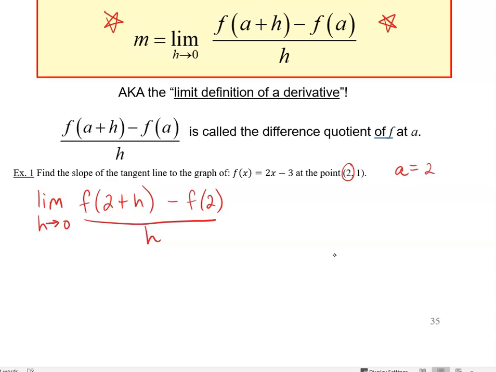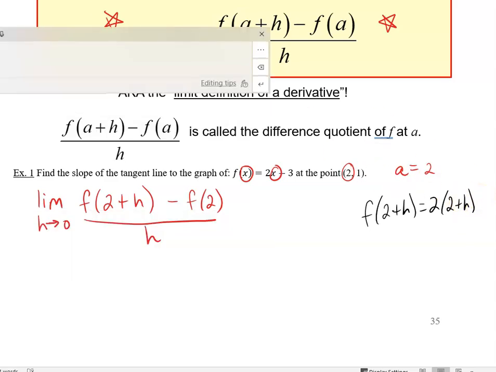Now, what do these things mean? f of 2 plus h means I'm going to take the function, and wherever there is an x, I'm going to replace it with 2 plus h. So kind of off to the side, if you want to write this out, f of 2 plus h is going to be equivalent to what for this example? f of 2 plus h is going to be 2 times 2 plus h minus 3, because that was the function.